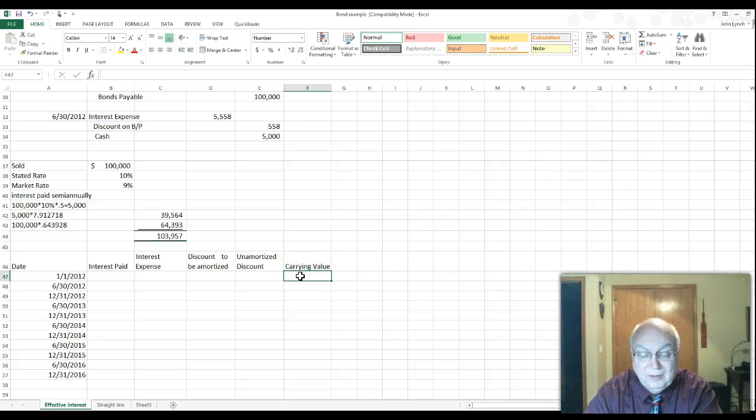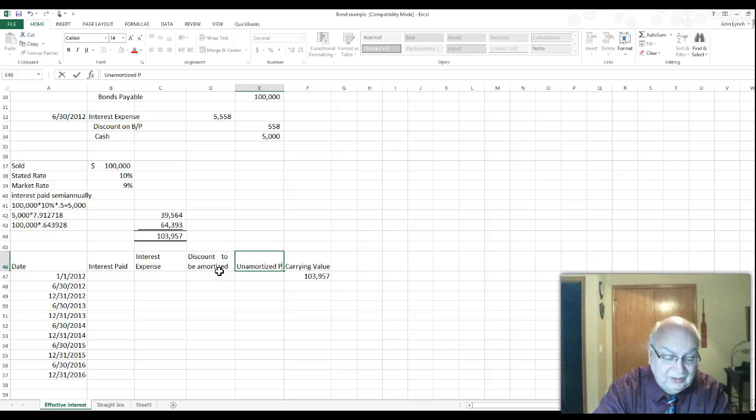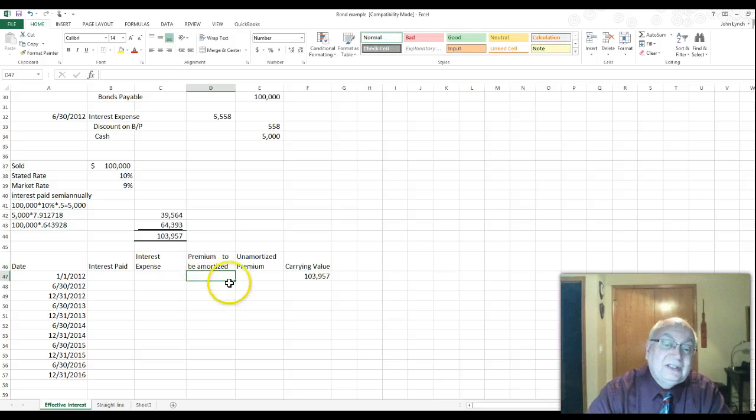So the carrying value again will be the 103,957. The unamortized, oh, forgot to change that, didn't I? This is the premium. And this will be different too. This is the premium to be amortized. So you notice it's the same chart, just changed the names to protect the innocent.